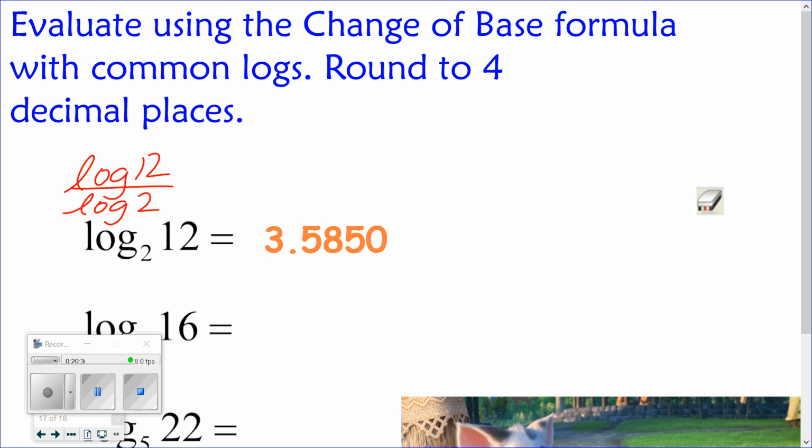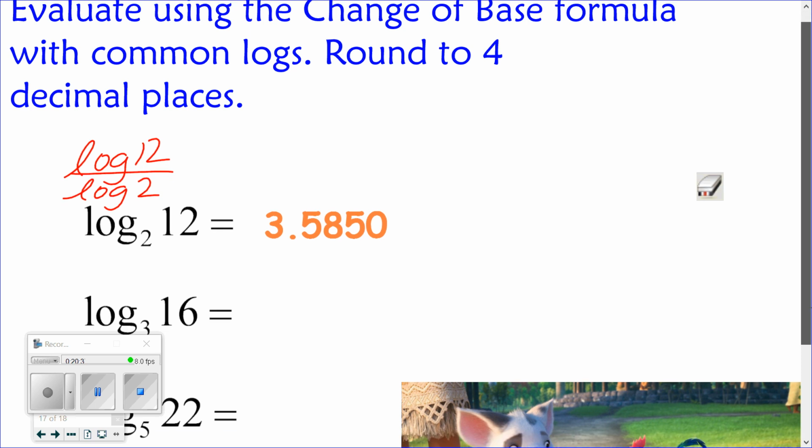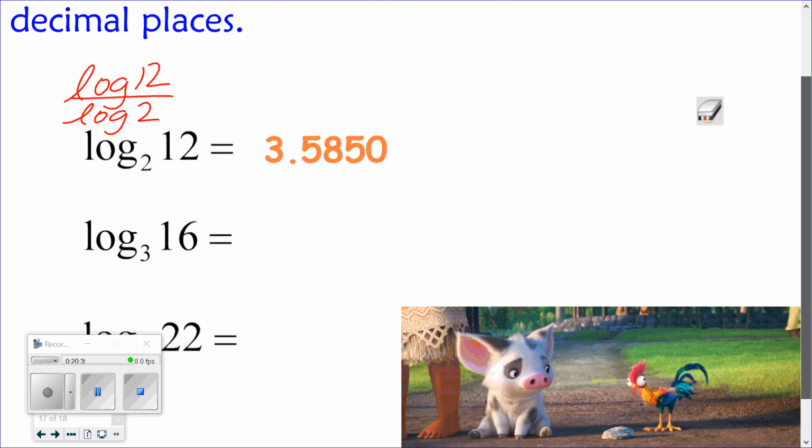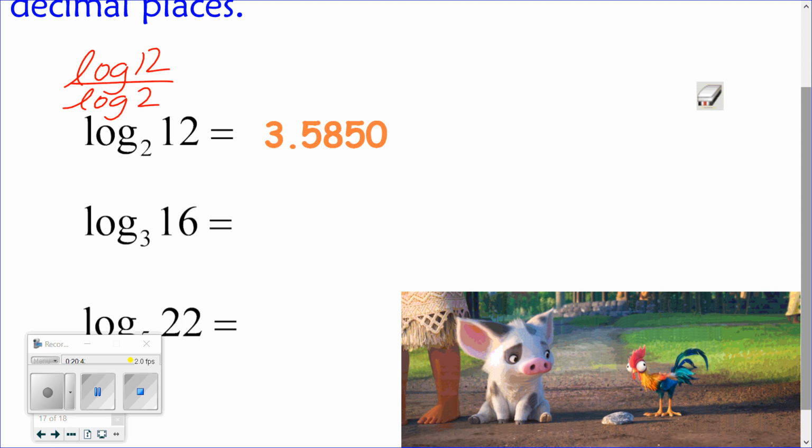3.5850. Because how many decimal spots did it want? It wanted 4 decimal spots. You had to type in log of 12, close parenthesis, divided by log of 2. Did you get it to work? Okay. If you don't close off that parenthesis, you have a big issue.